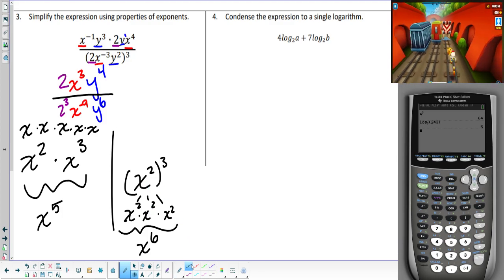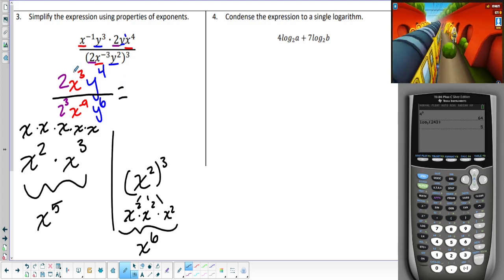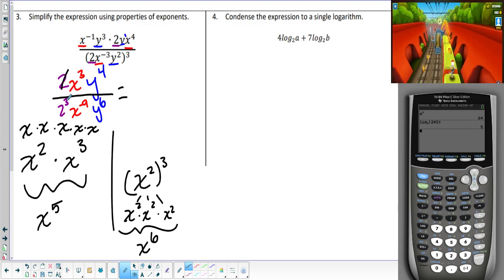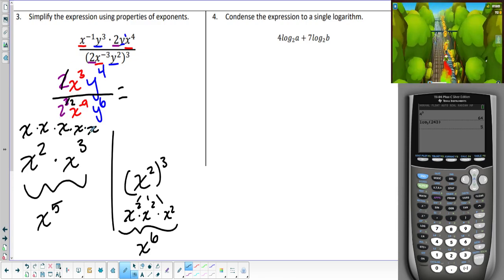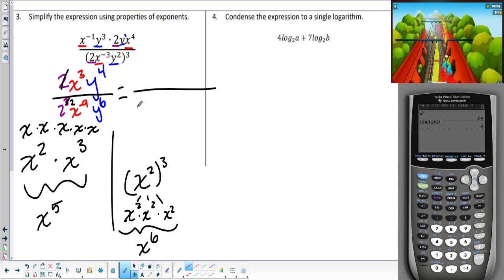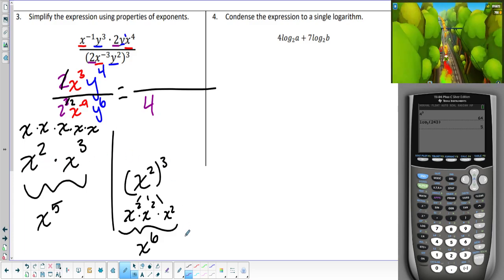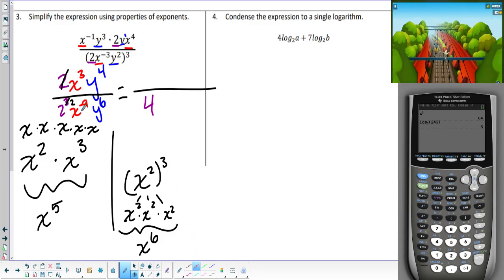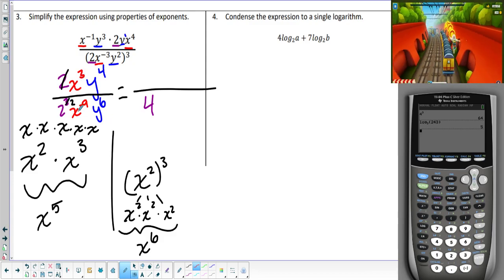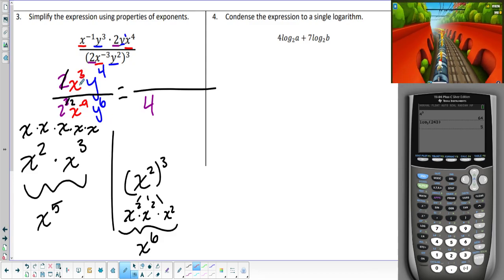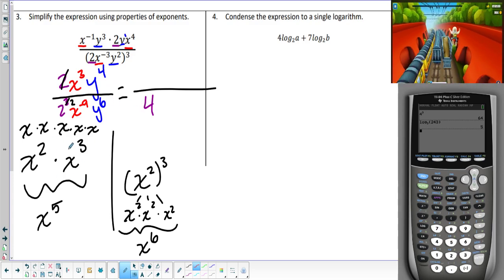Let's try and simplify this as much as we can. I know that this will essentially cancel, the 2 here and then 2 cubed, and make this 2 squared. So on the bottom of my fraction, I'm going to have a 4, that's 2 squared. And then my x's are going to cancel, but not really. Since this is a negative exponent, when you divide, you subtract. So opposite of when you multiply, you add.